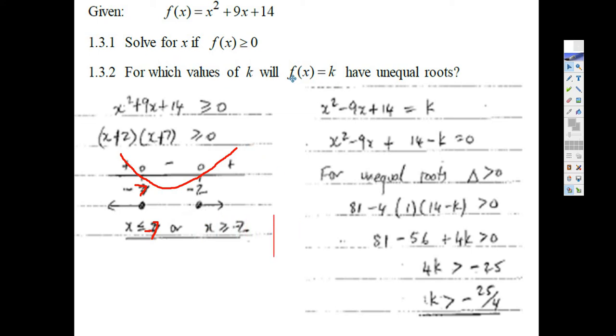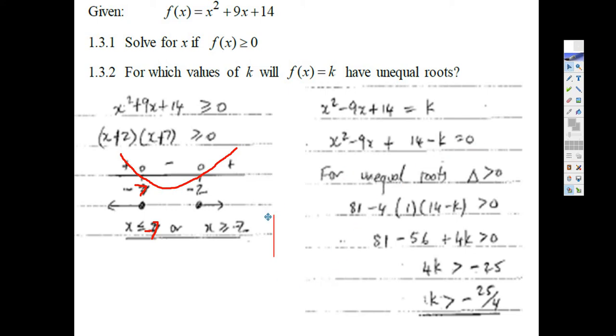Now, for which values of k will f(x) equal k have unequal roots? Well, f(x) is x squared minus 9x plus 14, so you just make it equal k. Then we subtract k from both sides because we have to put it in standard form.